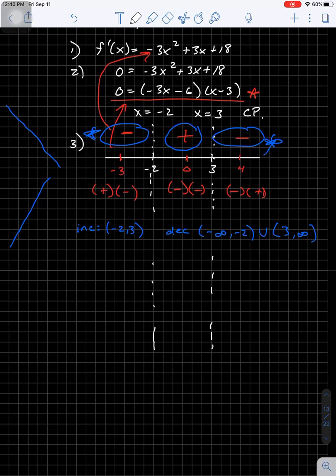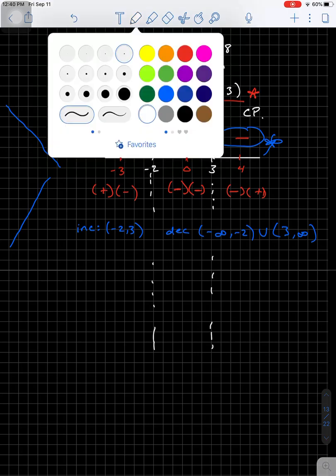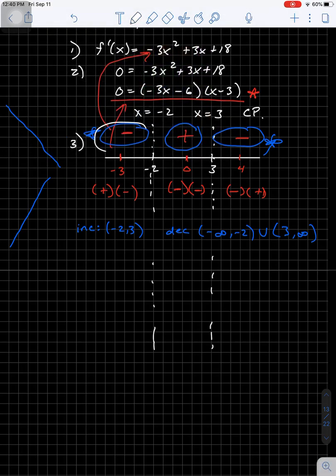If I'm increasing on this whole interval, okay, and then I'm decreasing on this left interval. So that means I'm coming down. It's not necessarily a straight line, but I'm coming down somehow.